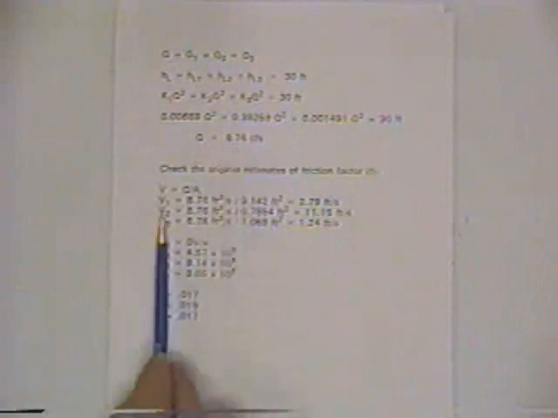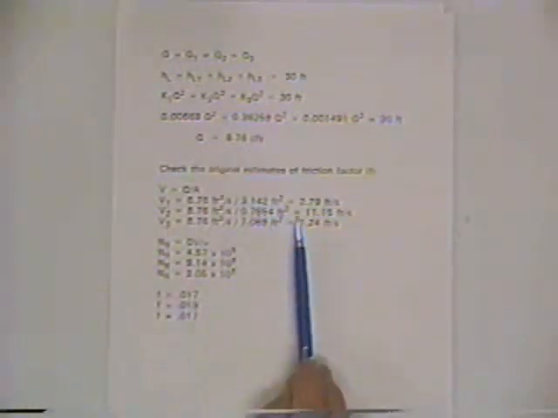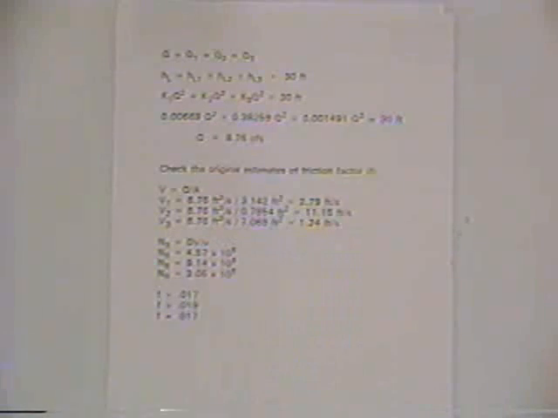Once we compute the Q, we can get the velocities, and after we know the velocities, we can compute the Reynolds numbers, and then knowing the Reynolds numbers, we can go back to the Moody diagram, which we've been using, to confirm the friction factors. So, same type problem, we've just got pipes in series added into the problem.